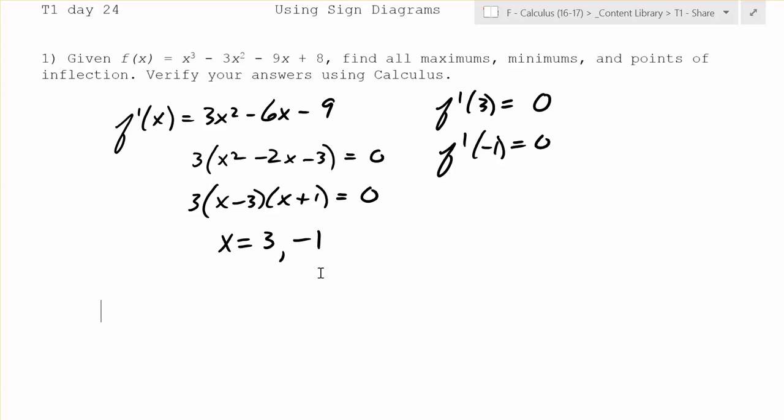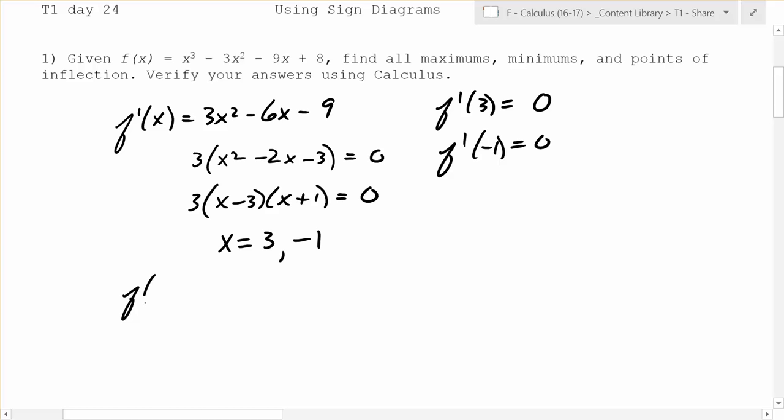Negative 27 plus 8. Plus 3. 27 times negative 3.